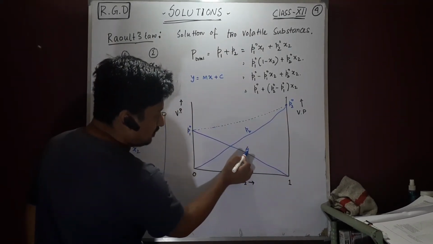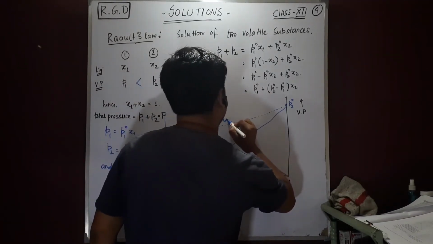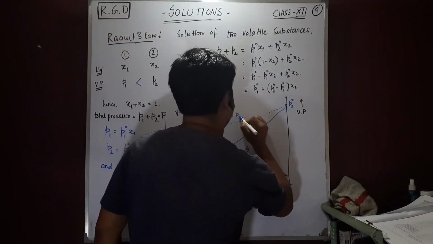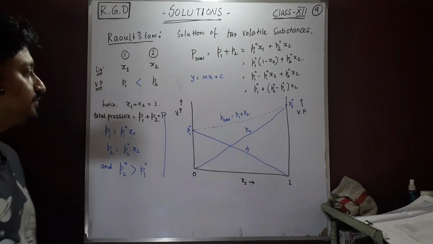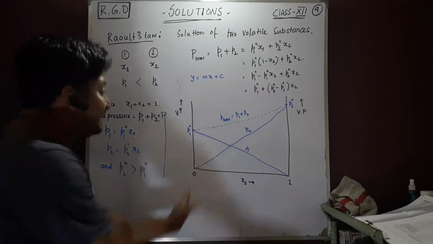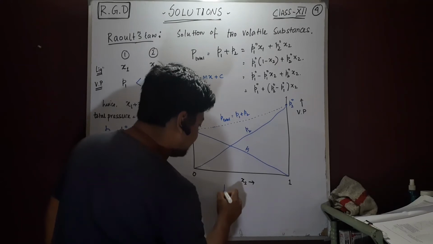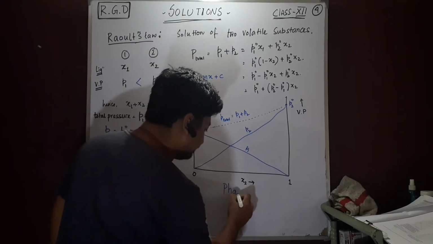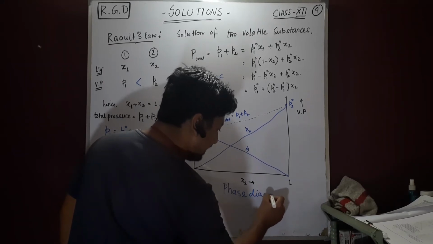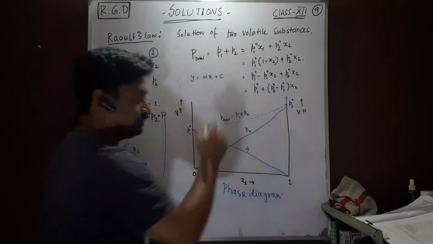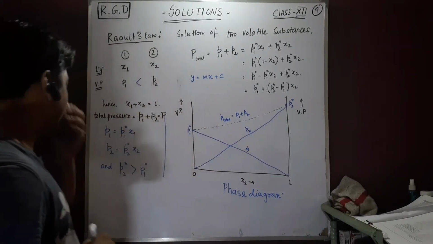This is basically partial pressure P1, and this is basically your P total, which is equal to P1 plus P2. This graph is called a phase diagram.